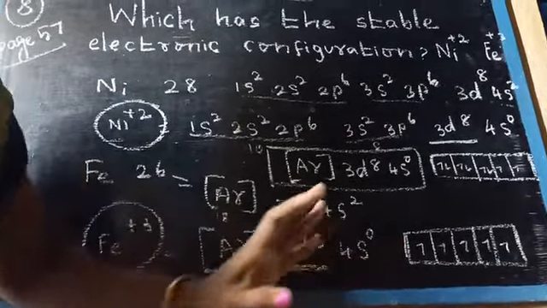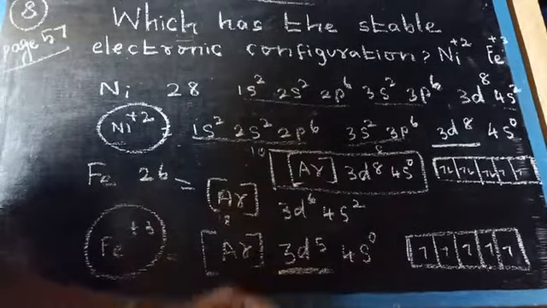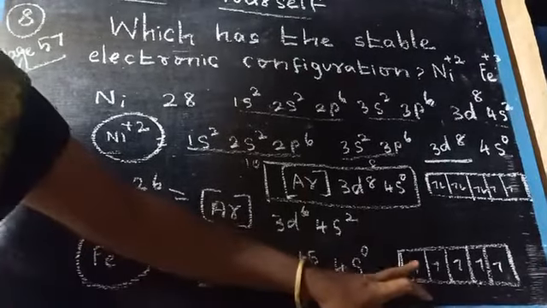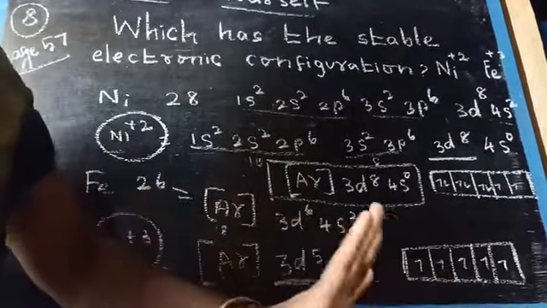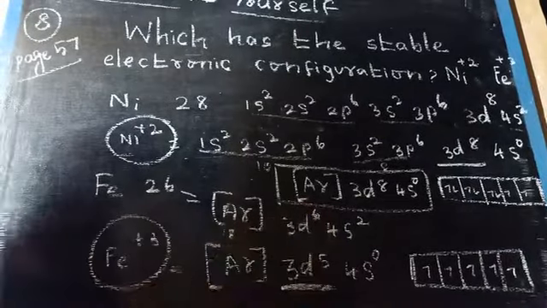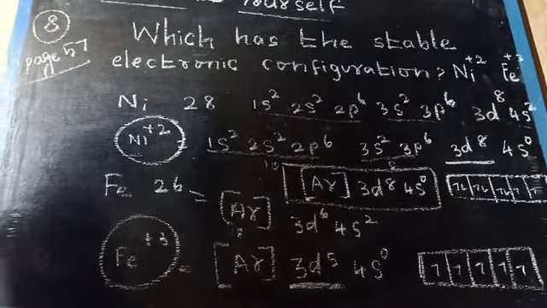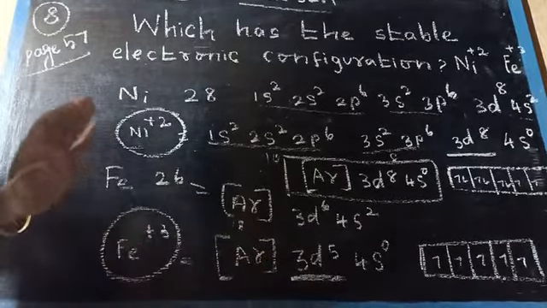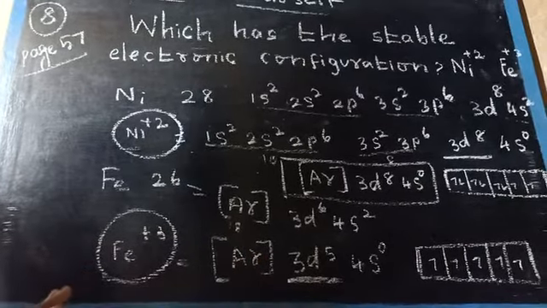A half-filled orbital is present in the outer valence, the d orbital with 5 electrons. So Fe plus 3 is stable.